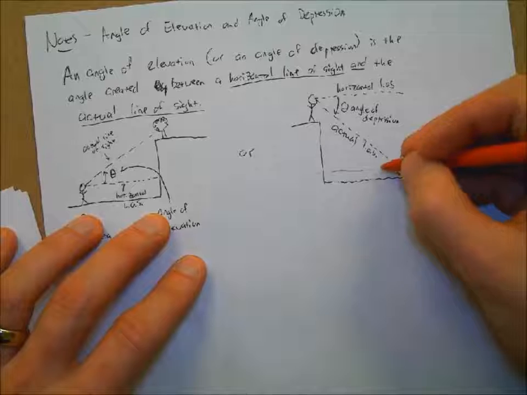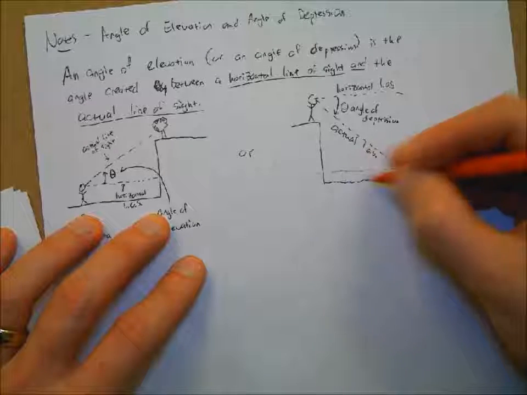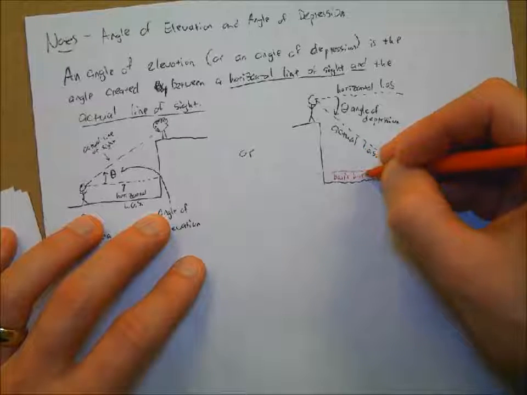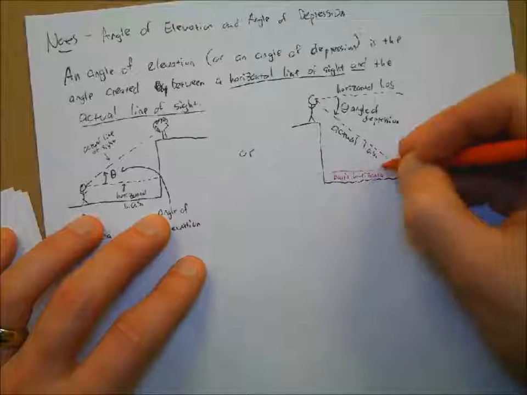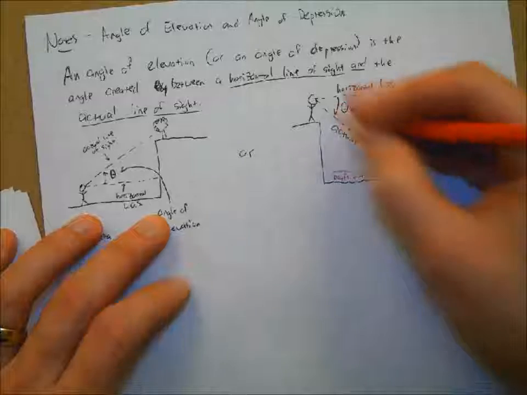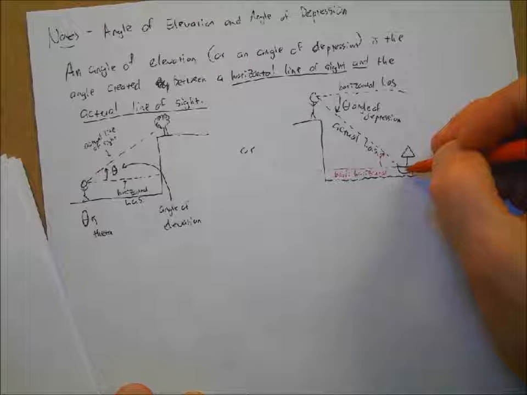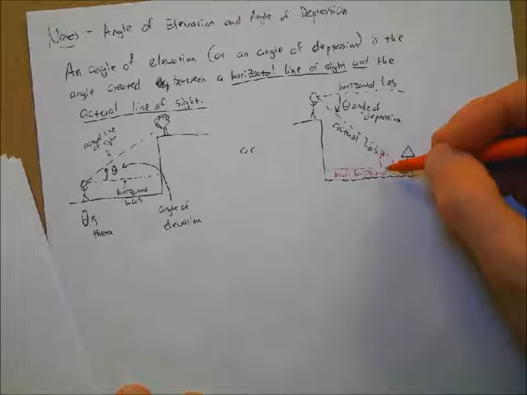And then this angle from their horizontal to the line of sight up to the person up there, that would be an angle of what? From the boat to observe the human, it's an angle of elevation.